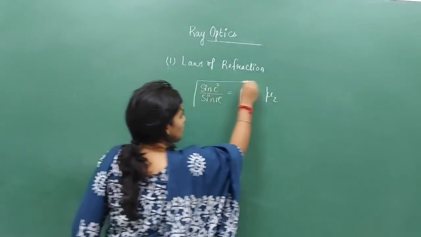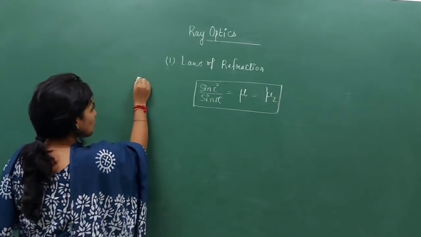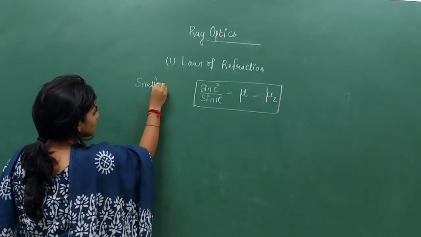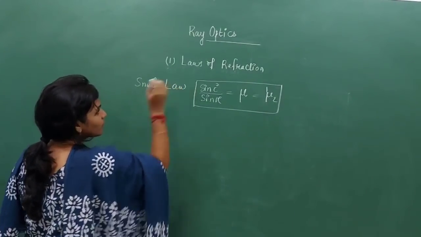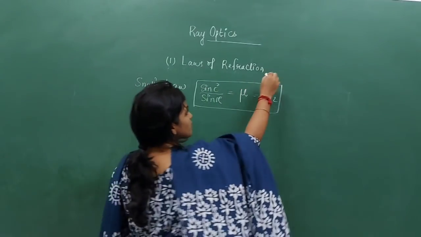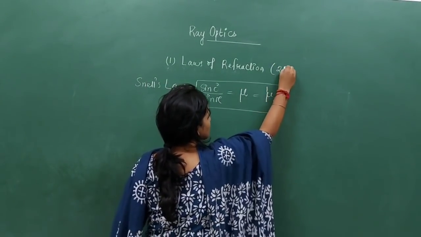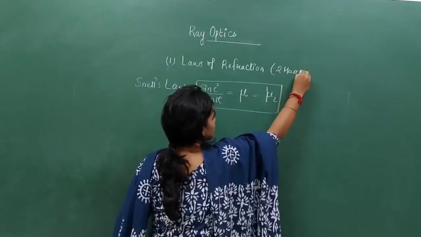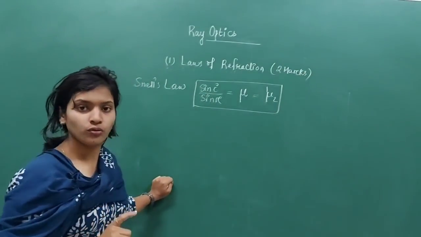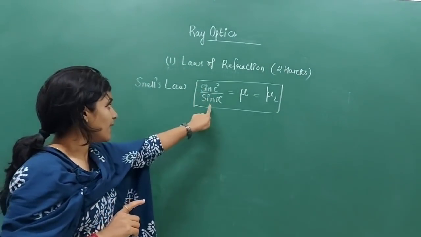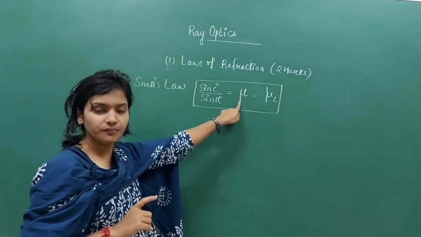So remember this formula. This is called Snell's law. Laws of refraction carry 2 marks. Write down the two laws and also write this formula.